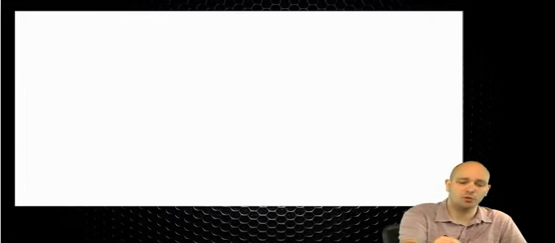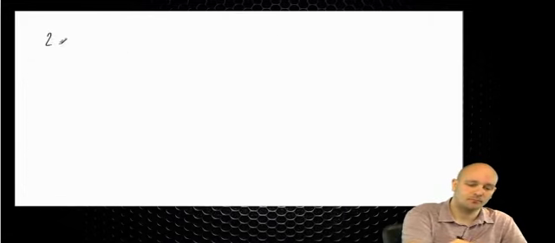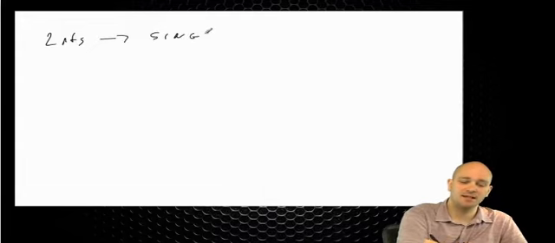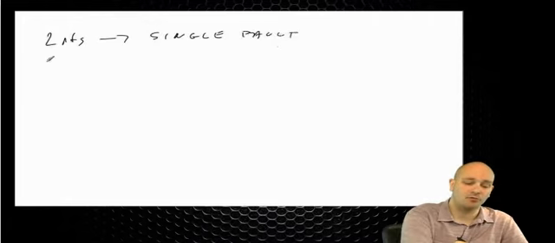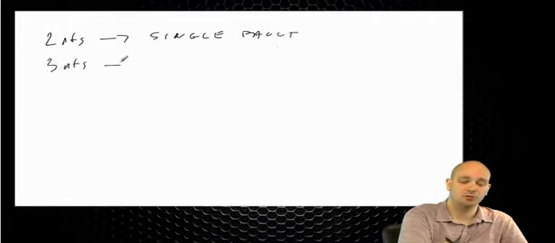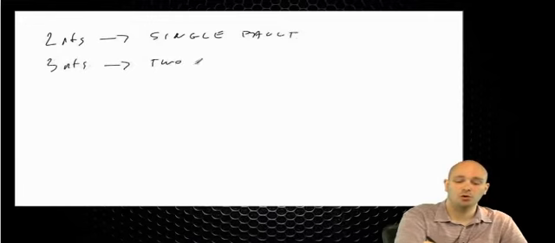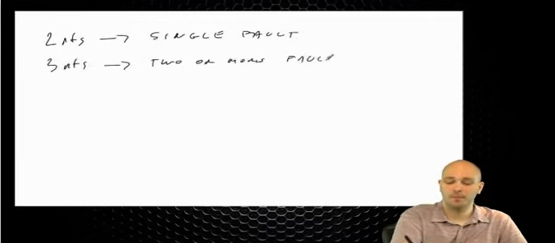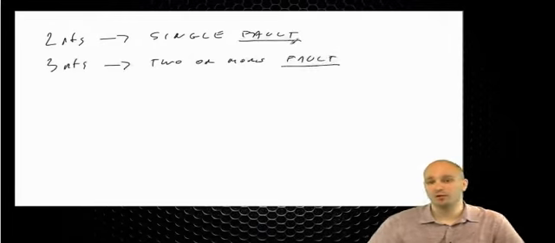So for 2-pointers, Cisco says it is going to be a single fault that you will be dealing with. Now, for 3-pointers, Cisco says it will be 2 or more faults. Now, the definition of fault is somewhat vague.